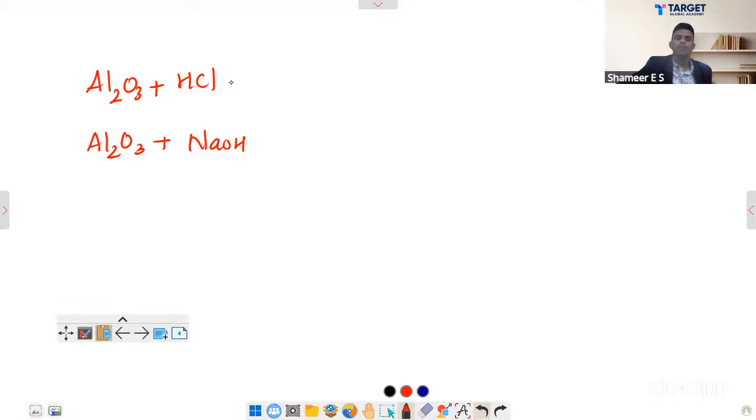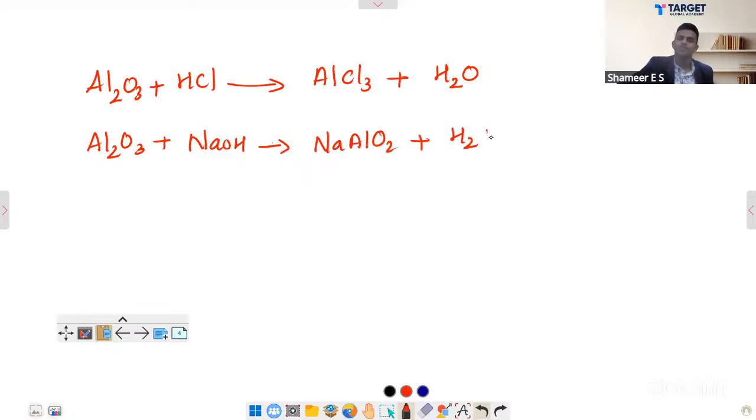When you react aluminium oxide with hydrochloric acid, you will get AlCl3 plus H2O. Because Al2O3 is an amphoteric oxide. What is an amphoteric oxide? It shows the behavior of acid as well as base, that means it can react with acid as well as base. So Al2O3 plus NaOH, you will get NaAlO2 plus H2O.